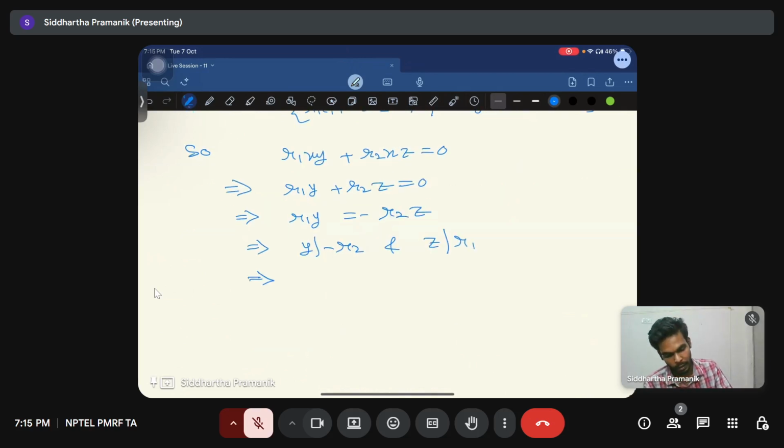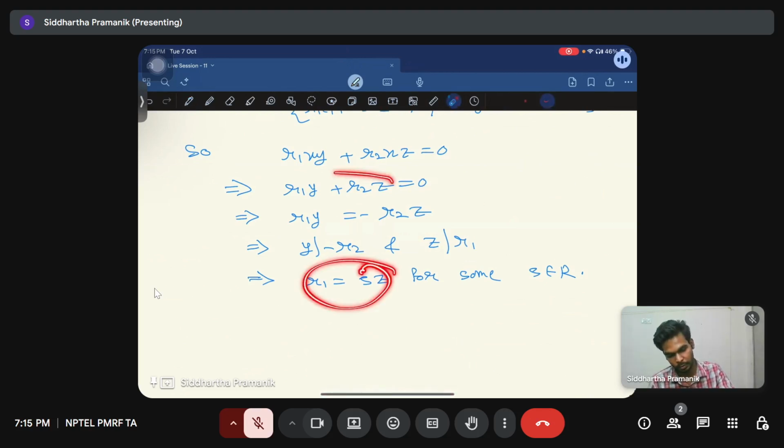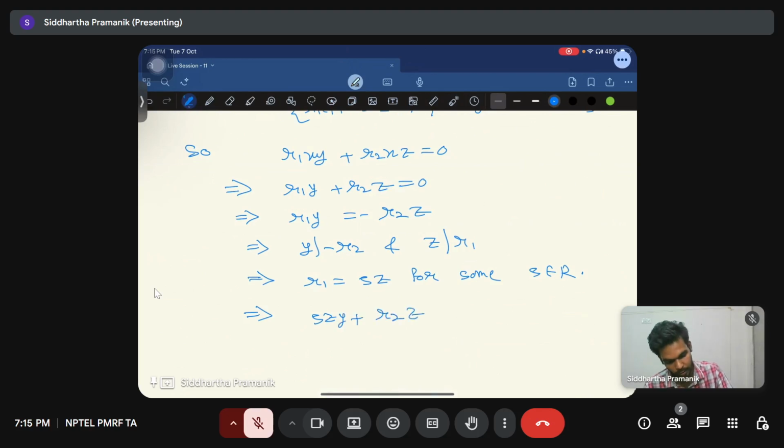So R1 equals s times z for some s belonging to R. Now let's put this into this equation. s z y plus R2 z equals 0. So we can again cancel out z. So R2 is basically minus s y.